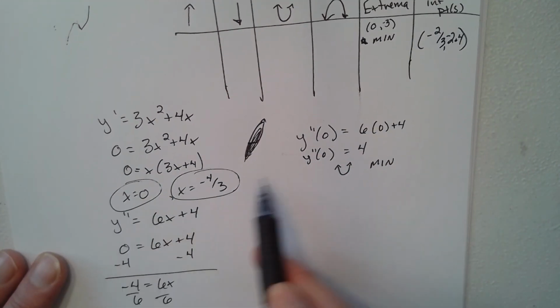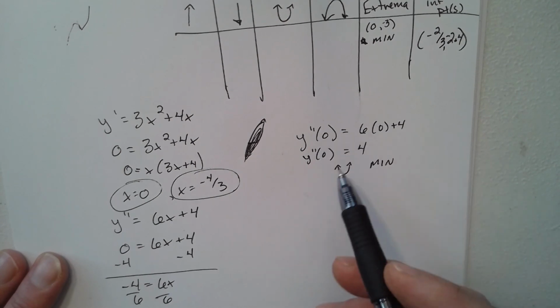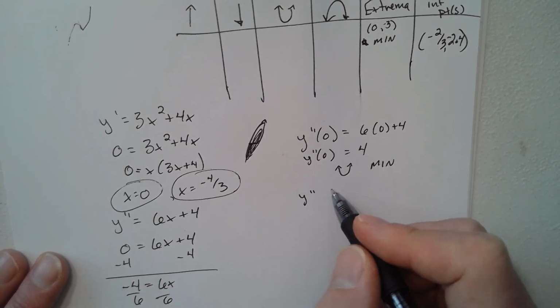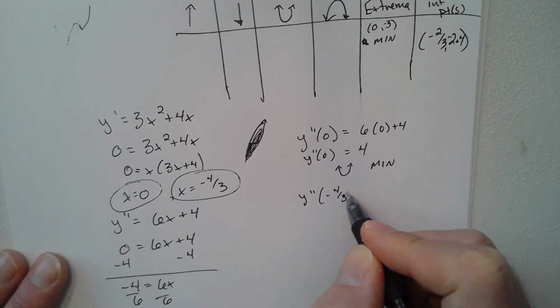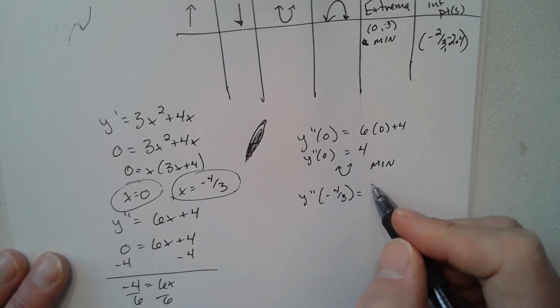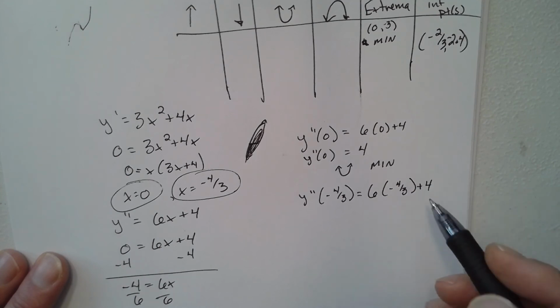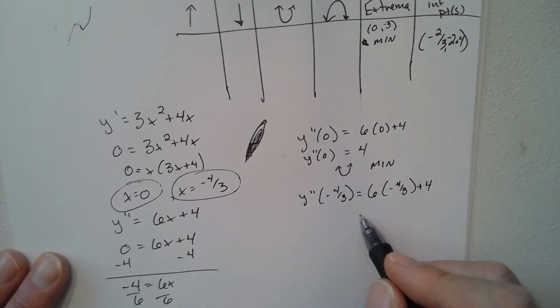Okay, so we have one of our extrema or critical points figured out. Now we're going to find the second derivative at negative 4/3. Well, that's equal to 6 times negative 4/3 plus 4, which gives me negative 8 plus 4, which gives me negative 4.